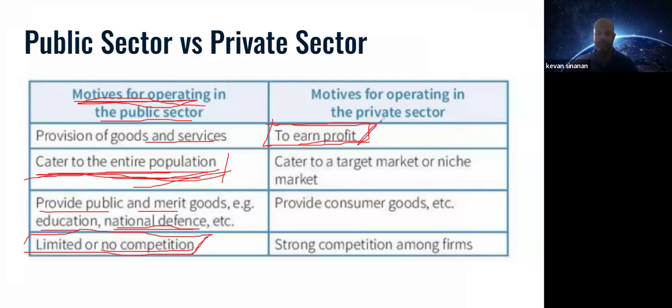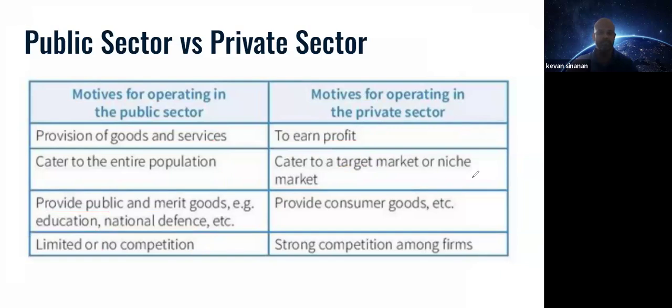The examiners just love to make sure that students know that the motive, the primary goal of private sector is to earn a profit, and to cater to a target market or niche market. So let me just clarify what target and niche market is.